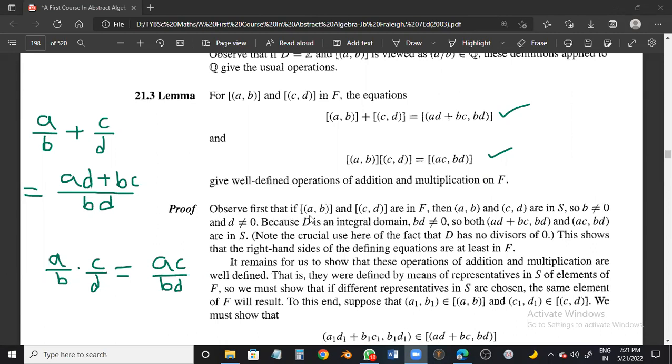Observe first that if the equivalence class of ordered pair AB and the equivalence class of ordered pair CD are in F, then ordered pairs AB and CD are in S. So B is not 0 and D is not 0. Because it is an integral domain, the product BD is also not 0. Because you know what an integral domain is: it contains no zero divisors.